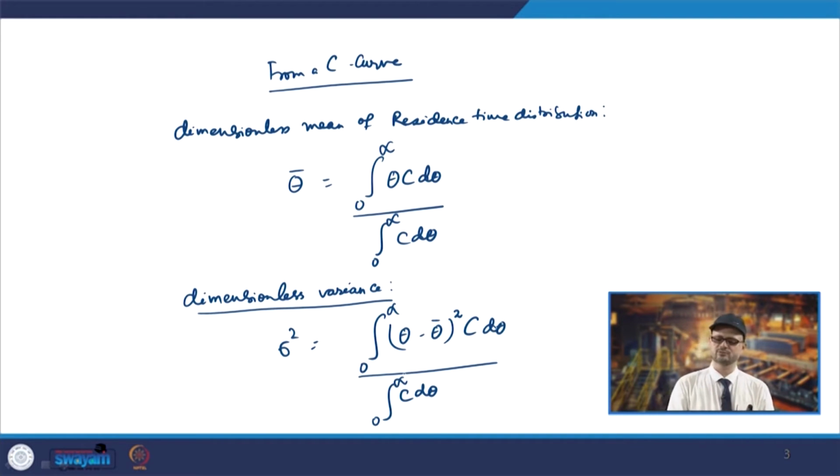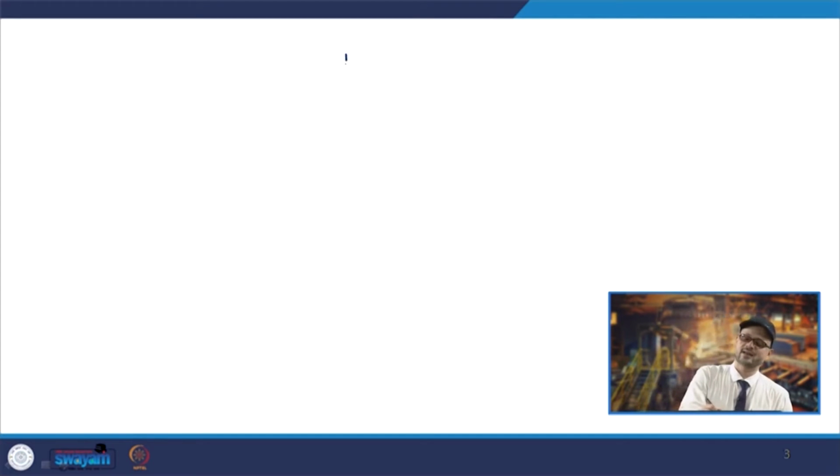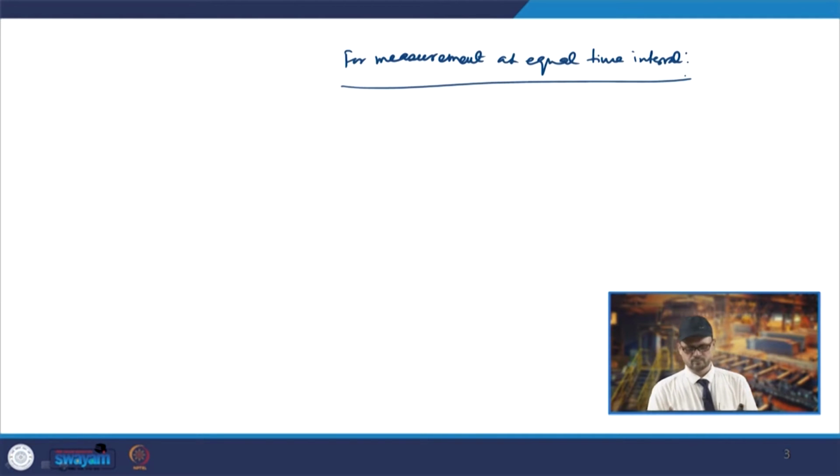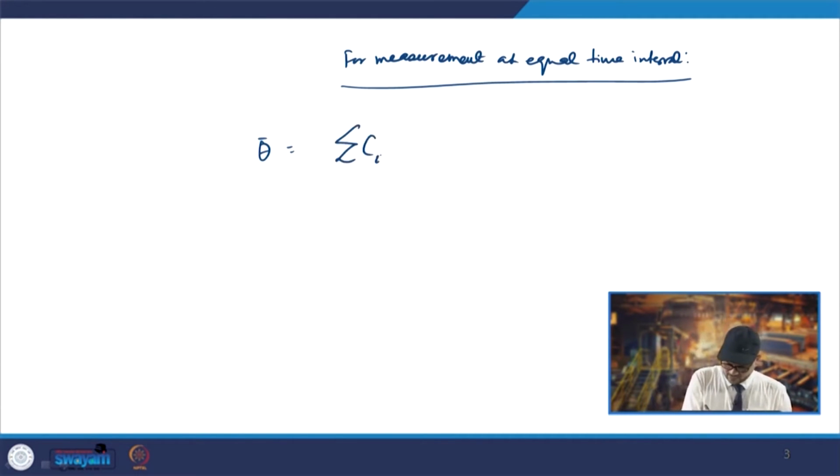for the continuous function. Now, if you take measurement at equal time intervals, in that case your equation will be like this: theta bar will be the summation over i of C i theta i, divided by the summation of C i.